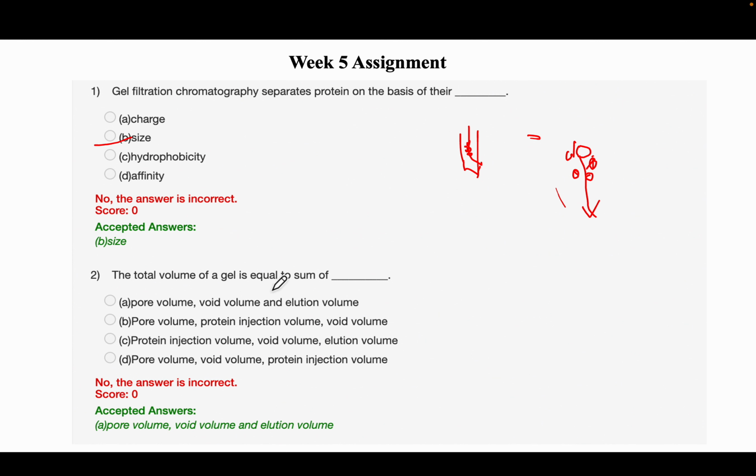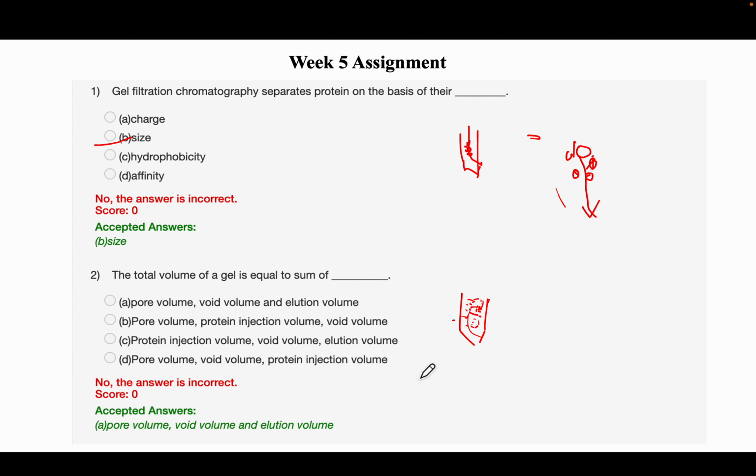The next question: the total volume of a gel is equal to the sum of which volumes? The options are pore volume, protein injection volume, void volume, and elution volume in different combinations. The total volume of gel means this porous bed where your Sephadex beads are. That total volume is obviously not protein injection volume, because protein injection volume is not part of this gel.